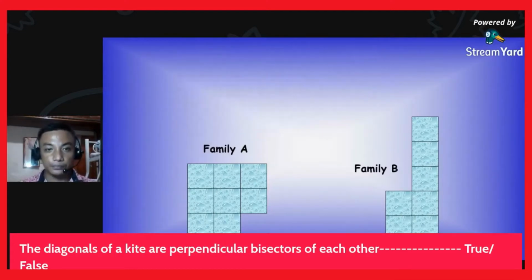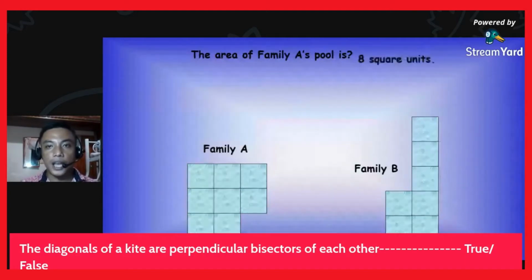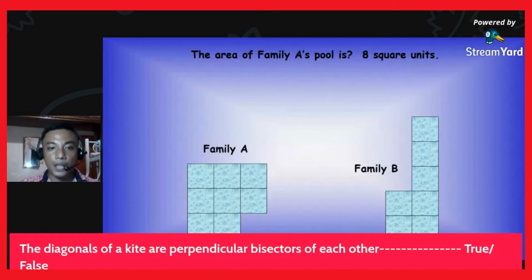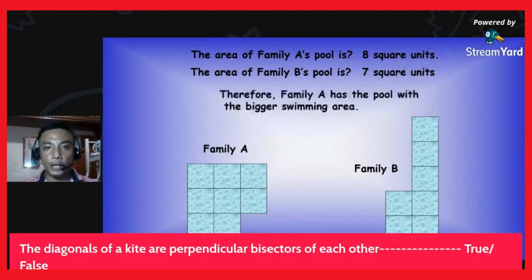The area of family A's pool is 8 square units, as you can see there are 8 squares. And the area of family B's pool is 7 square units. Therefore, family A has a pool with a bigger swimming area.